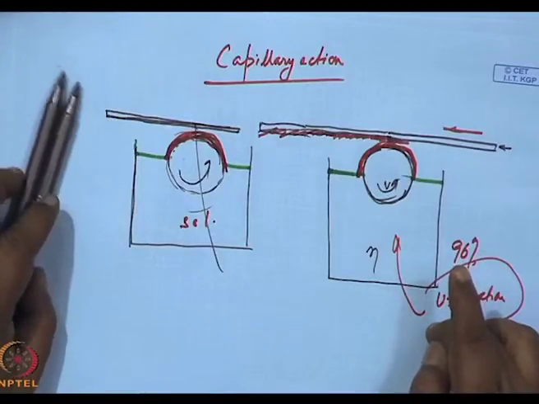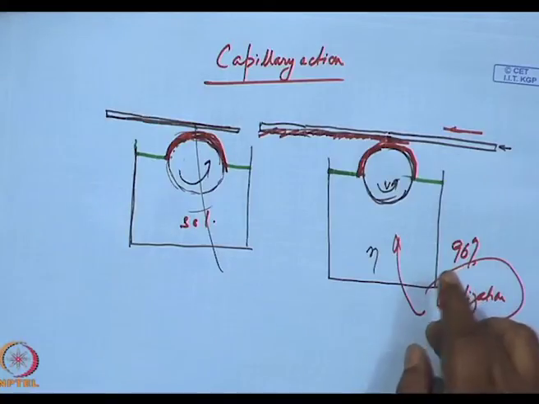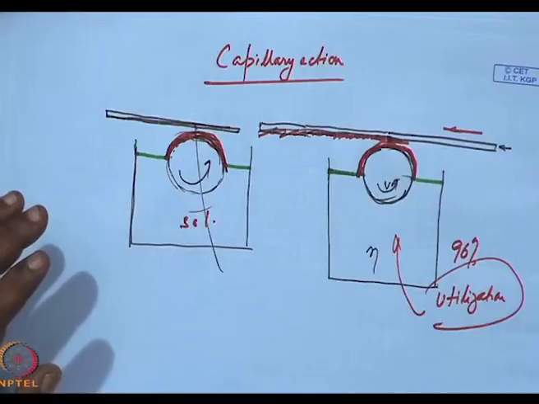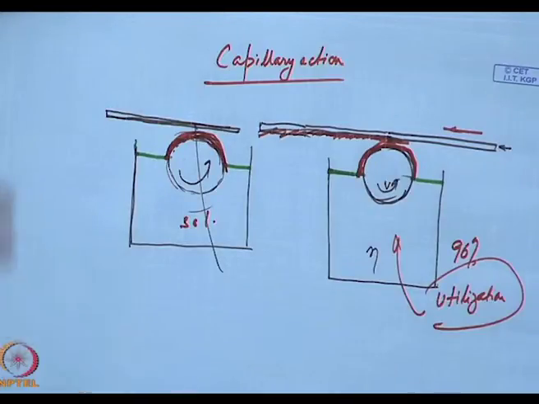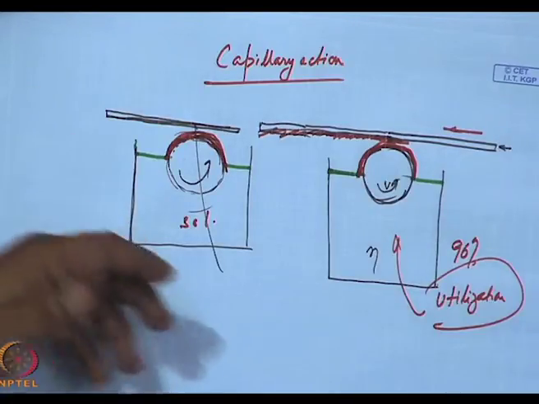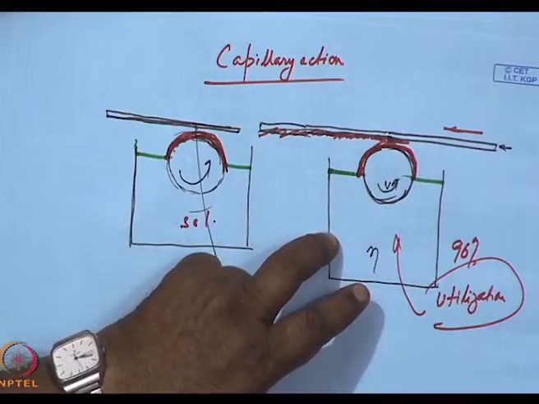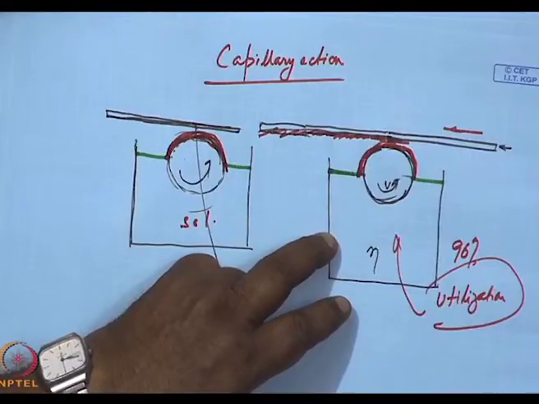And hence, today people are exploring a lot of these technologies for this alkoxide based sol gel processing, so that a better utilization of this very expensive alkoxide based coatings can be made.